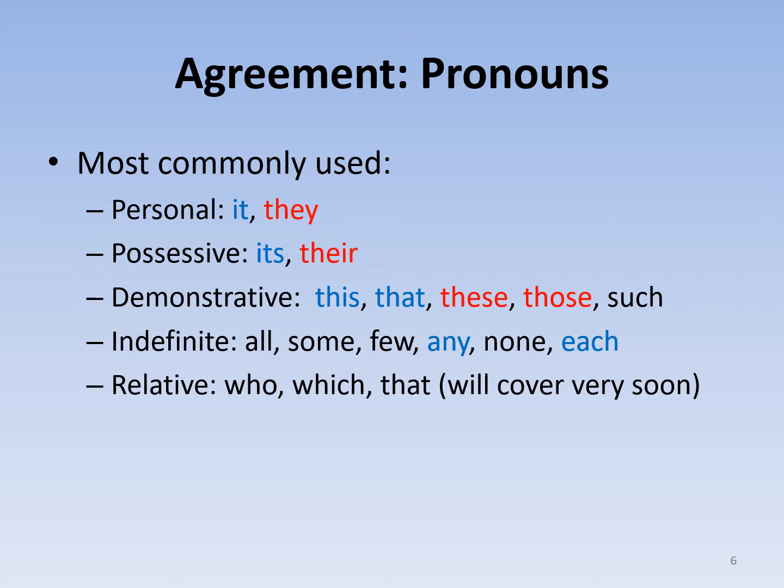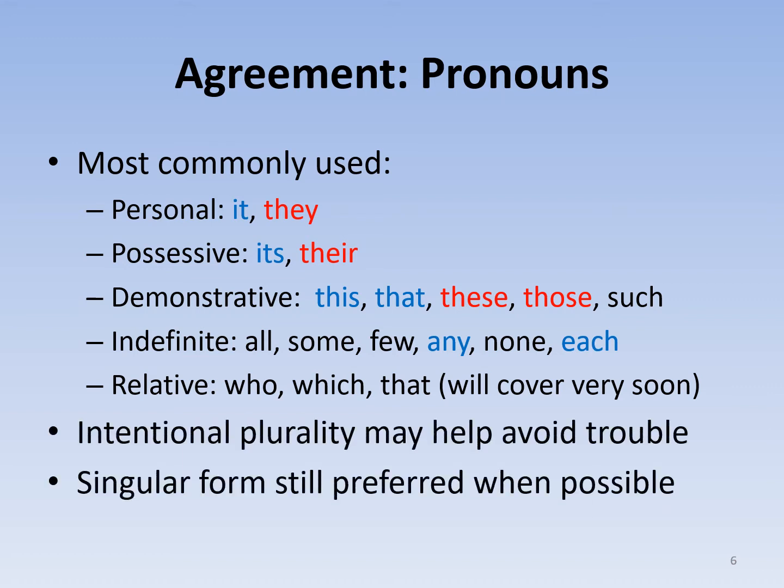Later I will show a number of examples of correct and incorrect usage. Later on, I will be talking about plurality, and generally we prefer singular forms, but sometimes we might intentionally write things that are plural to make sure that we can avoid problems.